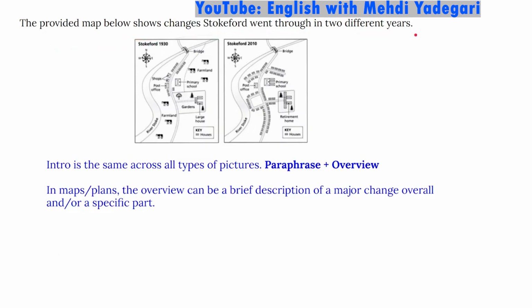And then in the same paragraph, which is the introduction paragraph, we write the overview. You can talk about the major changes that have happened without talking specifically about what part has changed in numbers or anything. Bear in mind that in an overview, we're talking about things generally. It is not a detailed description.